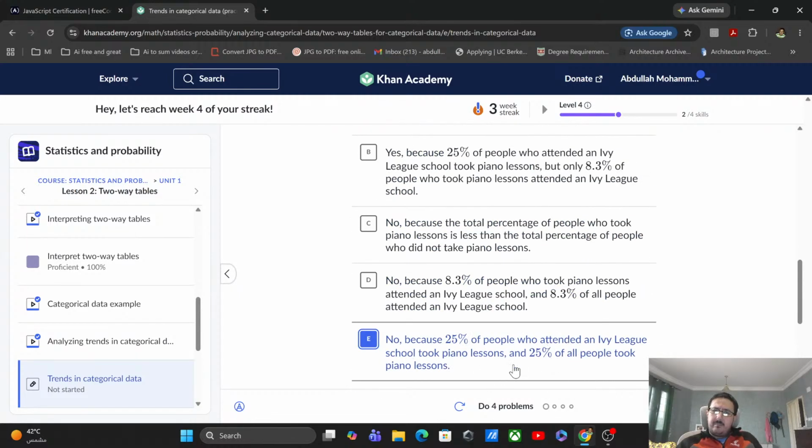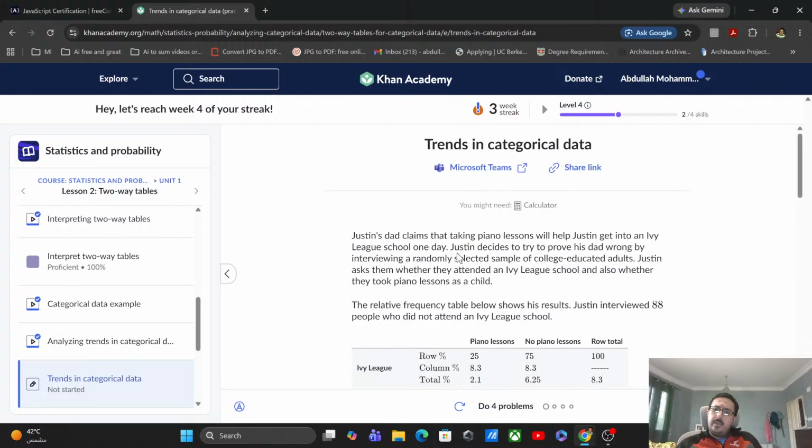You see, the linguistics of statistics is very hard. But this is no, because 8.3% of people who took piano lessons attended an Ivy League school. No, that's not correct.